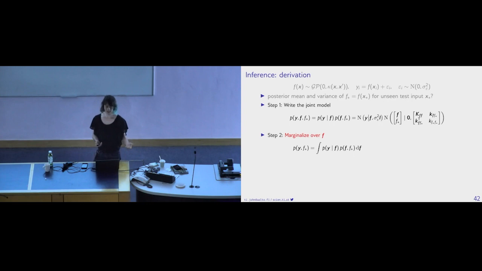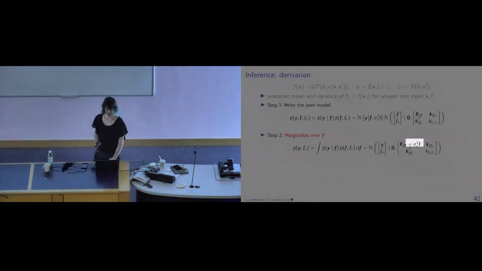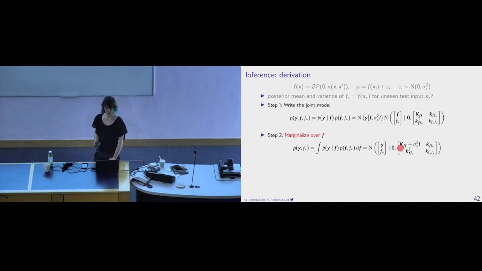In this case, if you do the linear algebra, it basically just means we add this diagonal matrix of the noise covariance to the K_FF matrix, that's the covariance of the training points. So that's step 2. And then step 3, so now we end up with a distribution over just y and f star. The vector f disappeared.